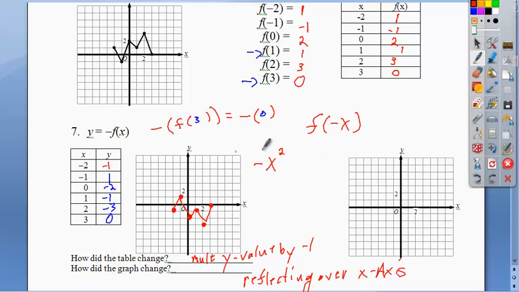Another example would be the absolute value of x, which remember is the V. If I put a negative in front of that, I know it flips it to a downward facing V. If you remember the music video, it talked about making the negative in front of the absolute value made it flip around. That's what we're talking about now.